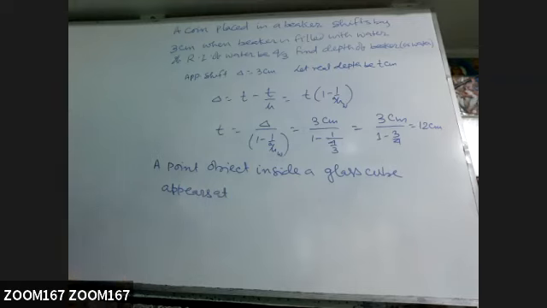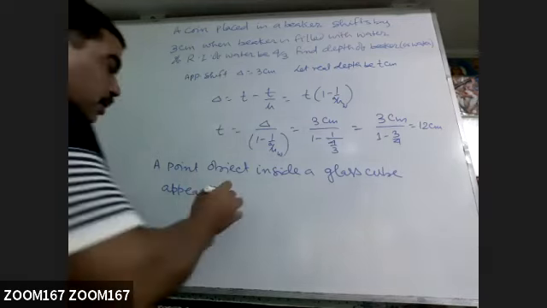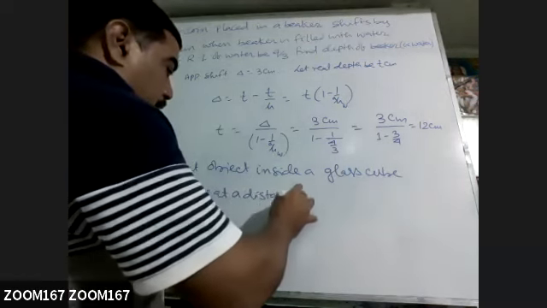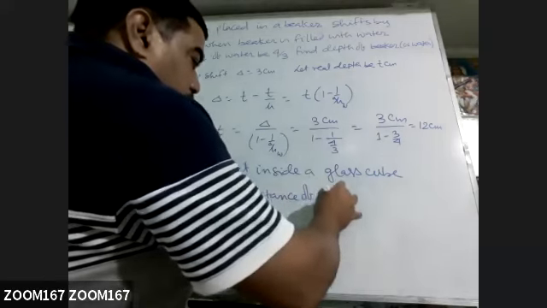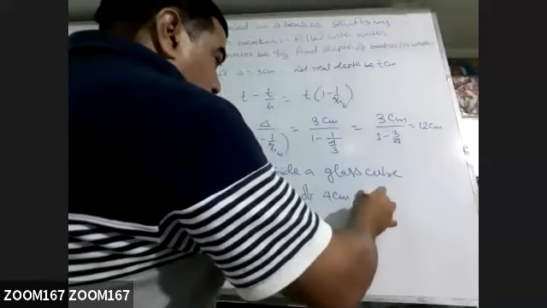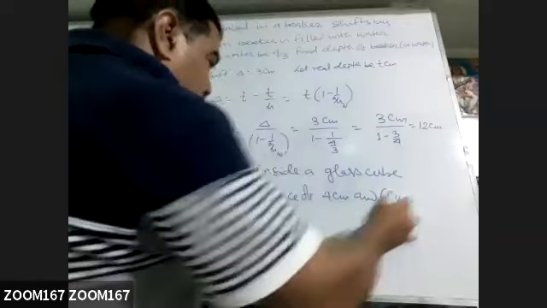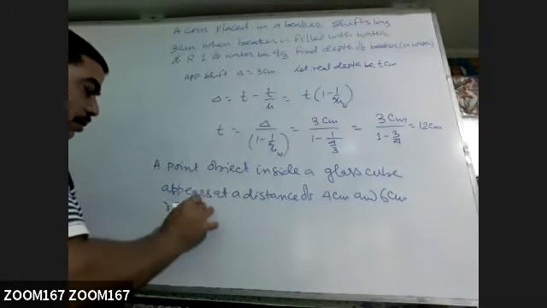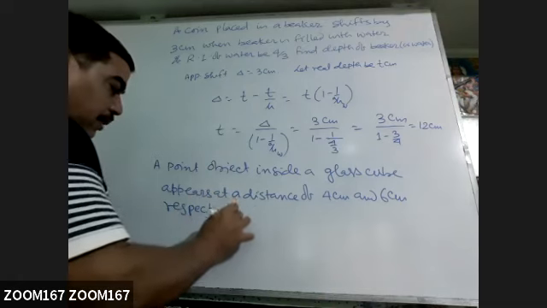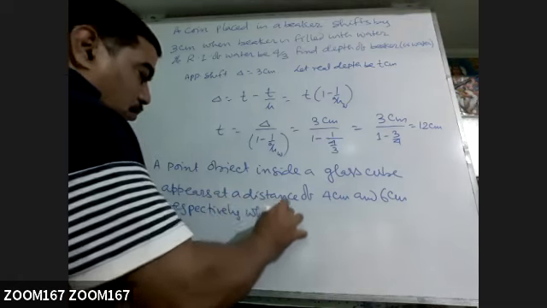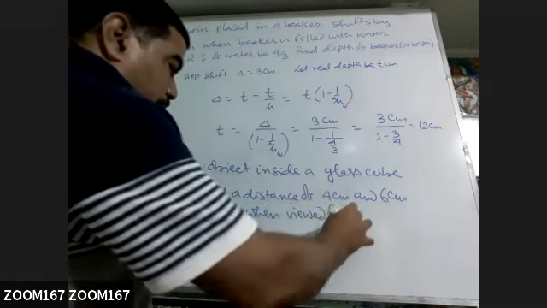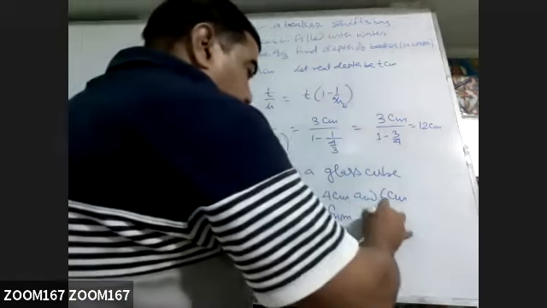A point object inside a glass tube appears at a distance of 4 centimeter and 6 centimeter respectively when viewed from opposite faces.